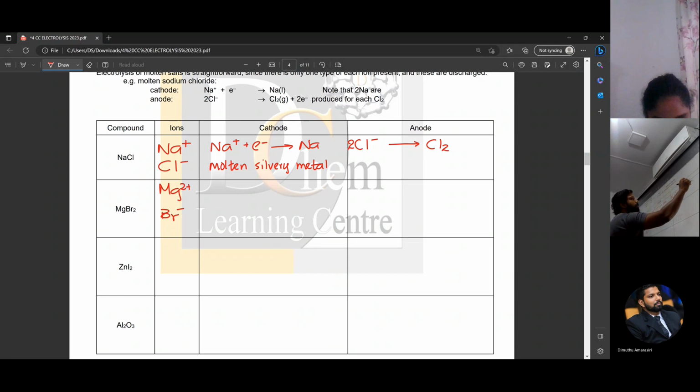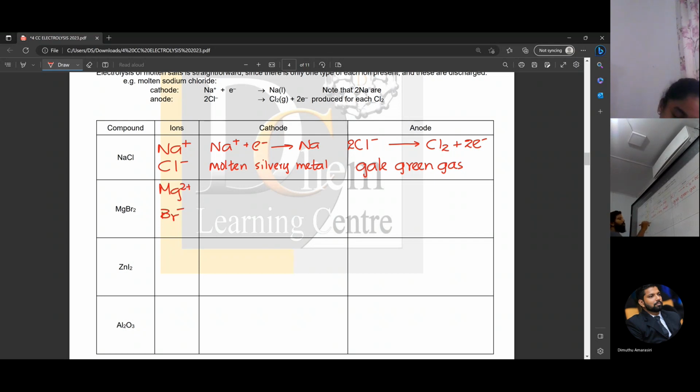The 2 electrons and chlorine. So what do you get here? Pale green gas. Right? Abhishek, what did you get? Zinc part? Zinc part. It makes the molten silvery metal.